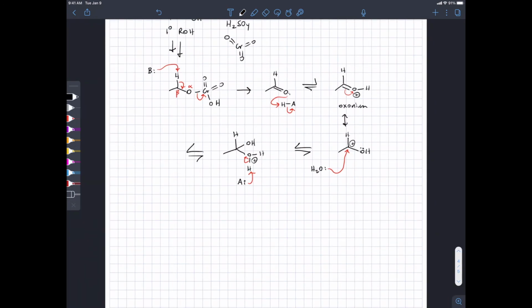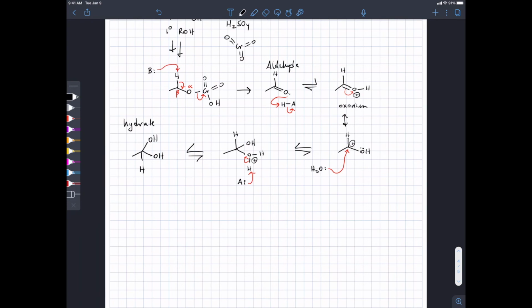And that then converts the aldehyde into something that's in equilibrium with the aldehyde. The structure here is called a hydrate because we have basically added water to the aldehyde.